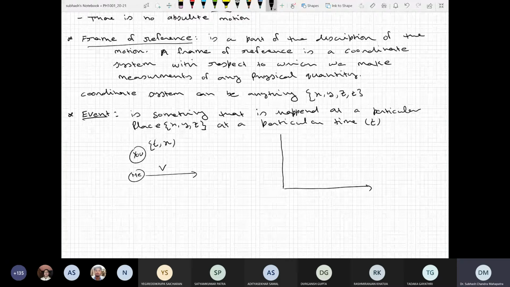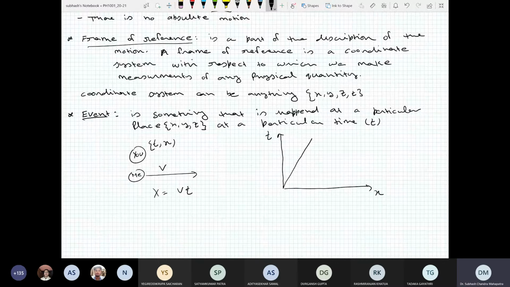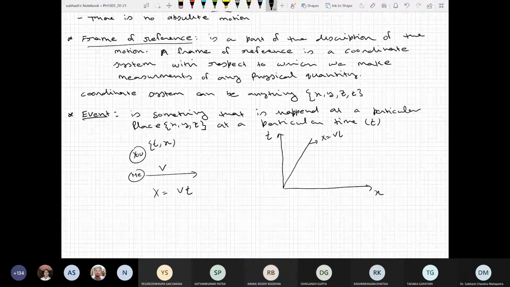The vertical axis is t, the horizontal axis is x. According to you my motion is this line, because you will say x is equal to vt. So according to you I am moving on this line.